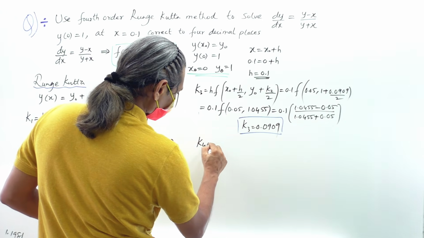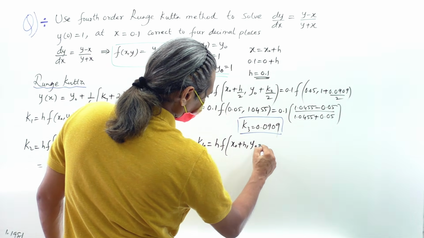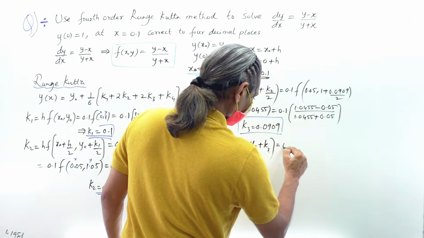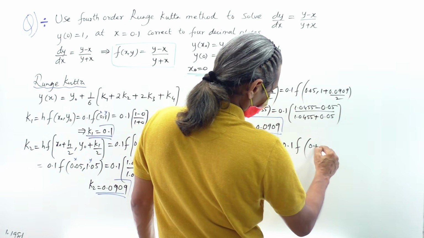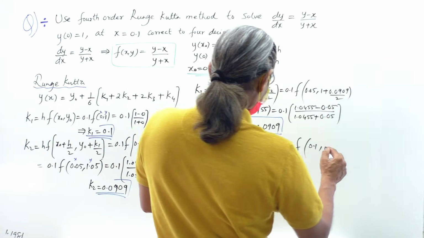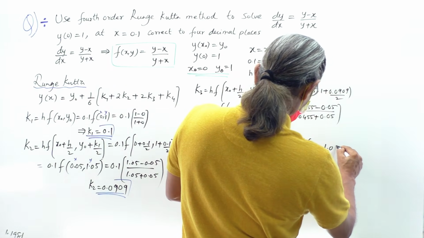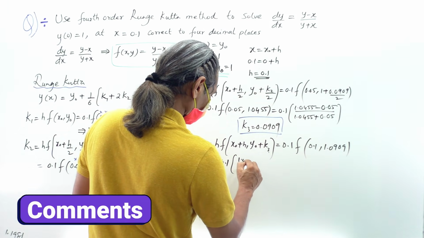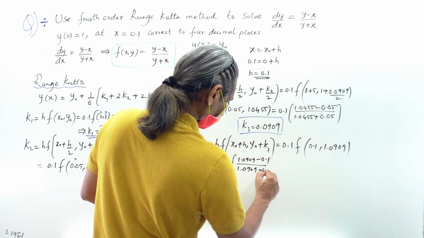So K4 is equal to, the formula is h f of x naught plus h comma y naught plus K3, that's all. So that will be 0.1 into f of x naught is 0, h is 0.1 comma 1 plus K3, which is 0.0909 plus 1, it will be 1.0909. So that will be equal to 0.1 into (1.0909 minus 0.1) over (1.0909 plus 0.1).